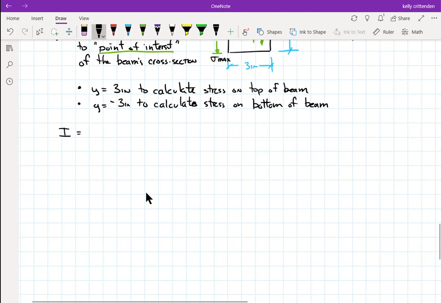I is called the moment of inertia. And if I had to define it, I would say it's the beam's resistance to bending.